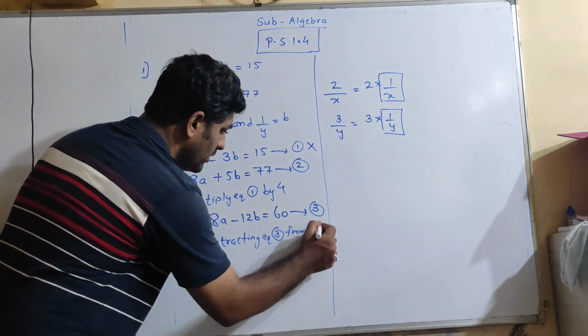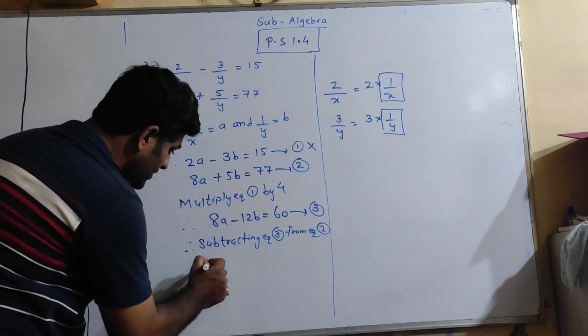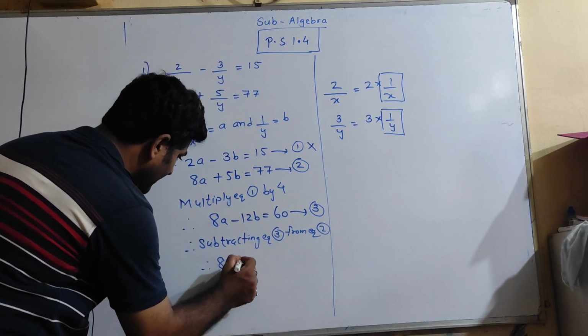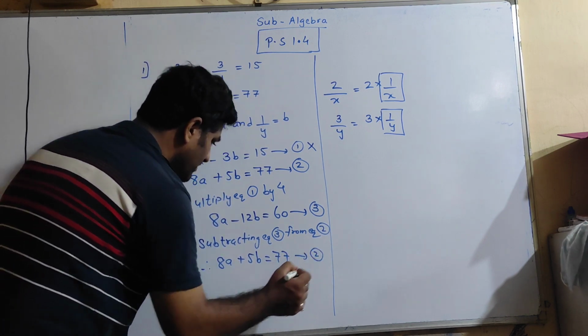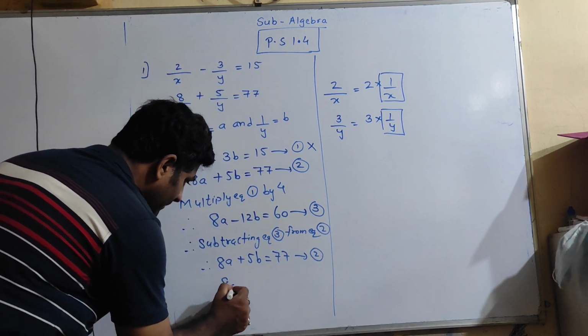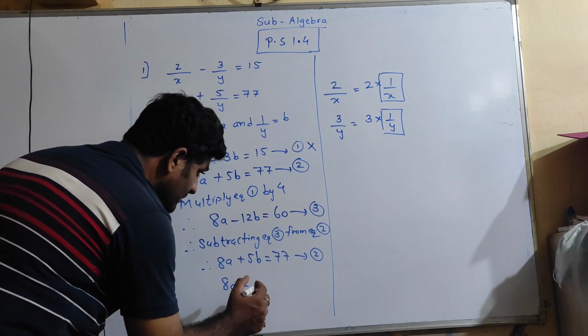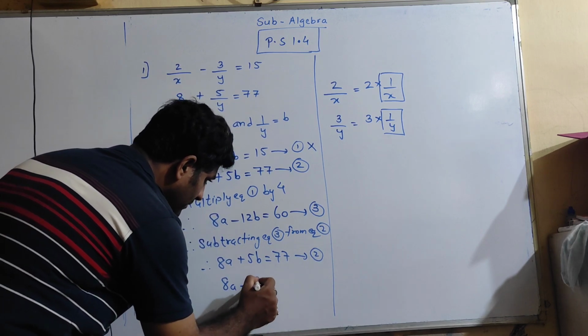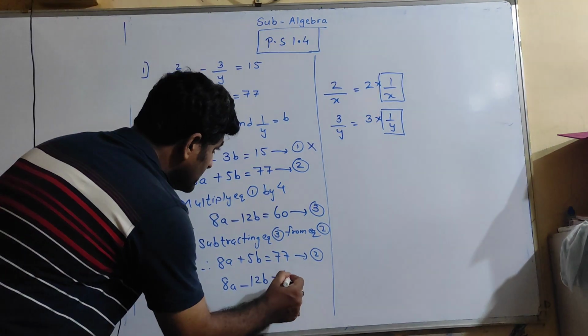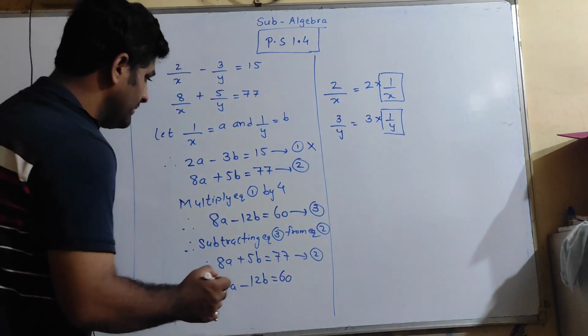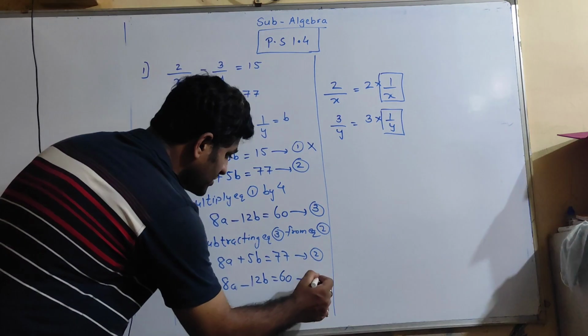Let us subtract the equations over here. 8a plus 5b equals 77, equation number 2. 8a minus 12b is equal to 60. Okay, this is our equation number 3.